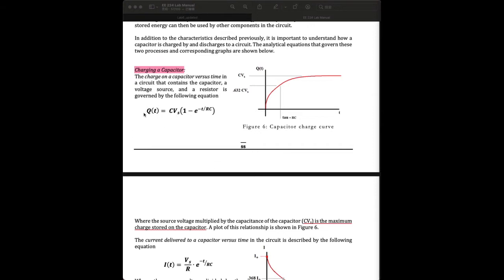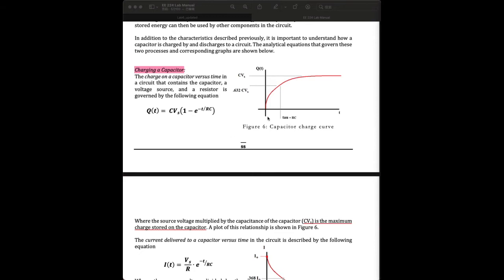For a capacitor, we said it can store the energy, and the relationship of the charge on the capacitor, which can also be seen as energy, and time follows this equation. This is an exponential function. So we can see the charge curve is like this figure.